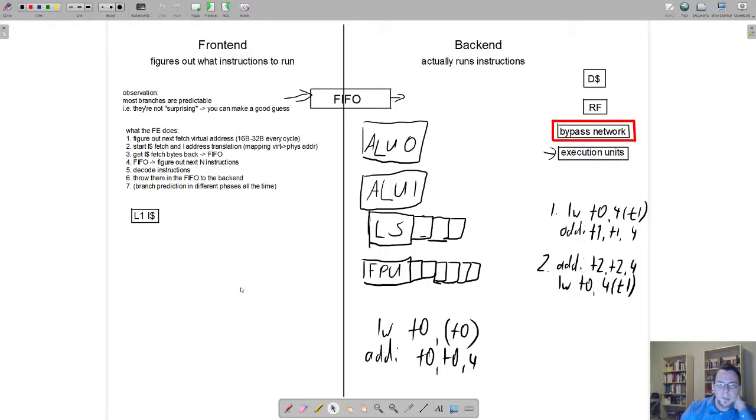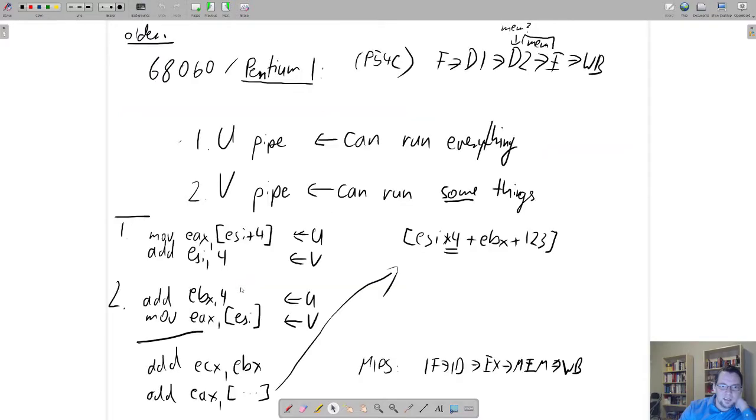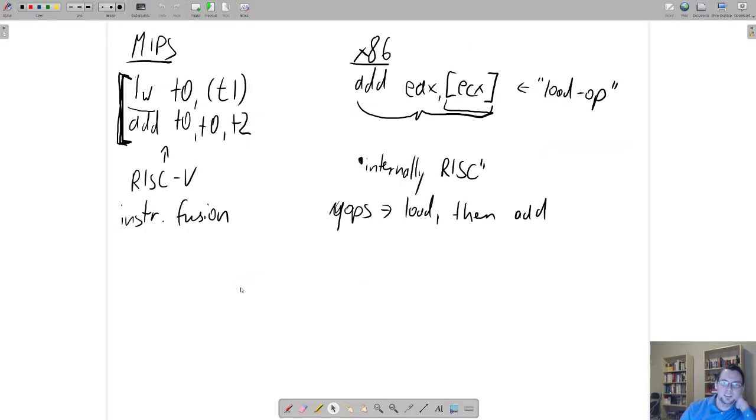But just the idea that you need to have this notion that there are exceptions. Like this add here, let's say this isn't add unsigned but the regular MIPS add, which can also generate overflow exceptions.